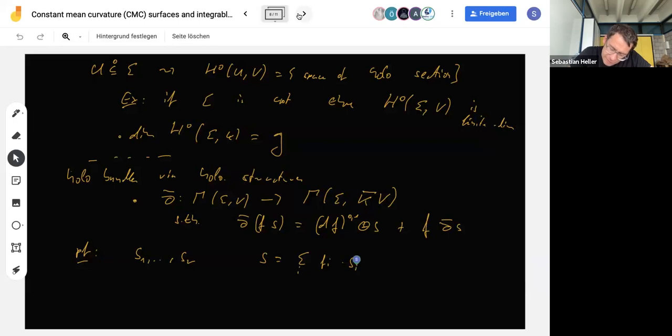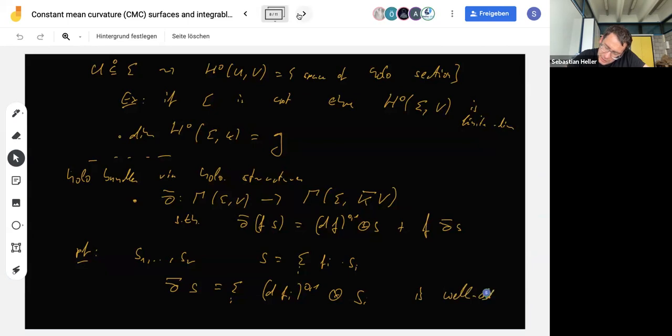And we define del bar of the section s to be just the sum over i of the 0-1 part of the derivatives of these functions f_i, tensor s_i. And because the cocycle is holomorphic, it turns out that this is well defined.